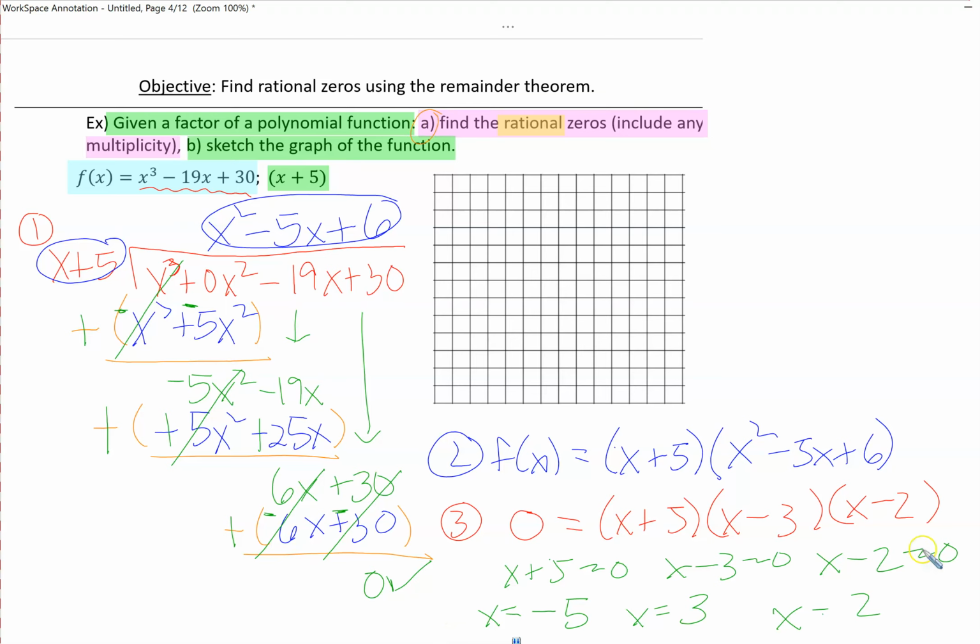We don't have any multiplicity this time, but we do know now that our zeros are, from least to greatest, negative 5, 2, and 3. So now we can create our graph.